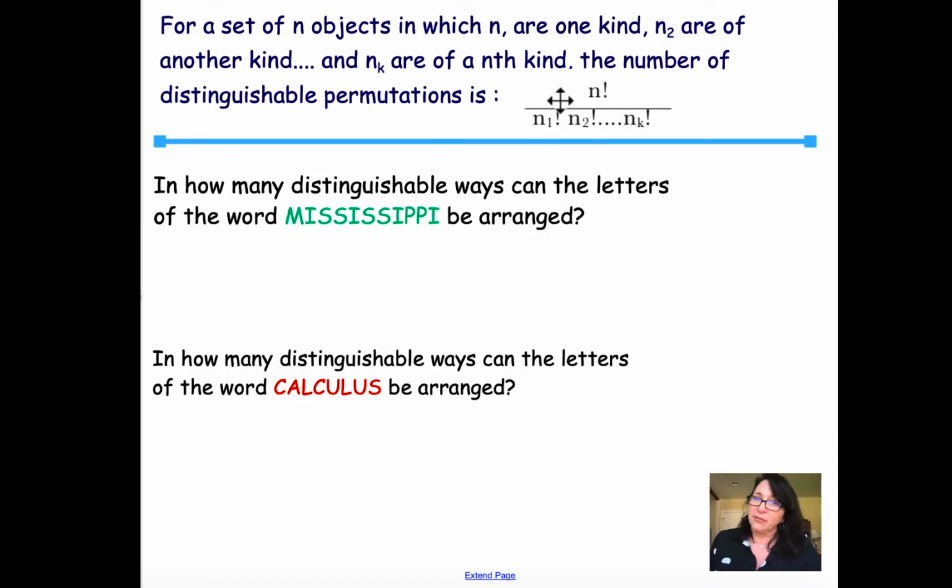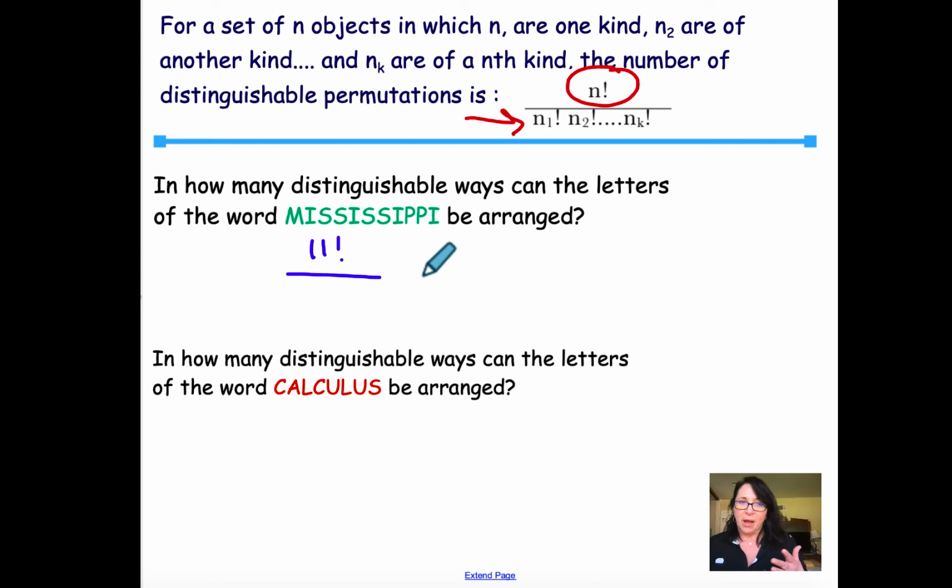So for a set of n objects in which some are one of a kind, this is my formula. What they're saying is, if I have any repeaters, I have to divide those out. When you think about the word Mississippi, I've got 11 letters, so I've got 11 factorial. But if I want to arrange these, order matters, but I have repeating letters, so that's going to make a difference.